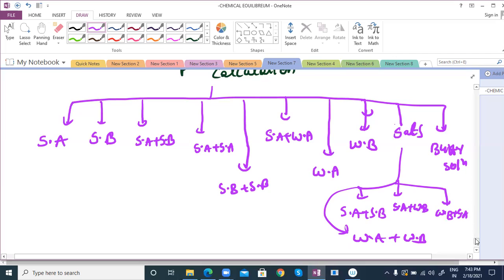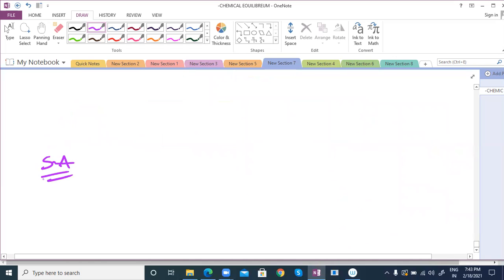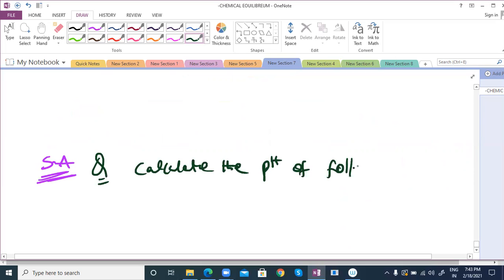So here we are discussing strong acid pH calculations. Maybe they will give it directly or indirectly. For example, here the question is: calculate the pH of the following solutions.